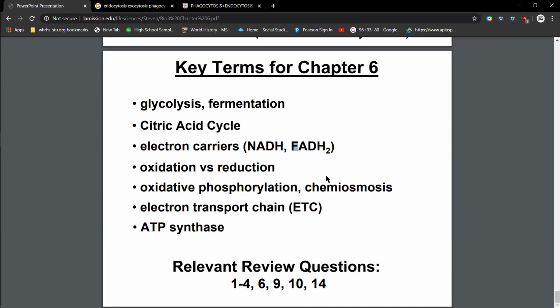Yeah, so oxidative phosphorylation is when we add a third phosphate to ADP.